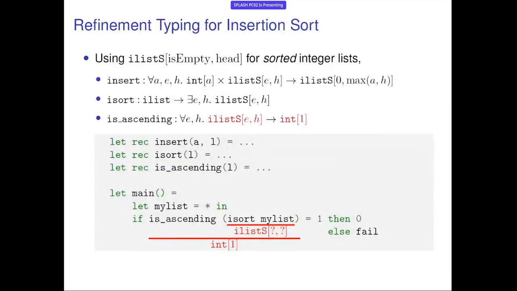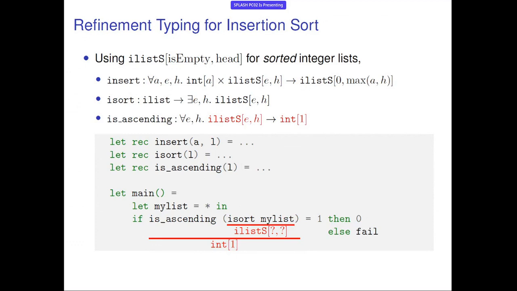Go back to the program, and this is the typing of functions. In the main function, I sort my list returns ilist S of something. As you can see, the type of is ascending only accepts the sorted list, and it always returns 1 in this program.